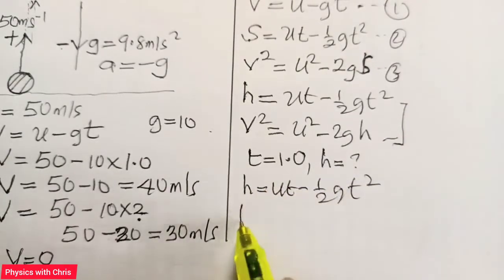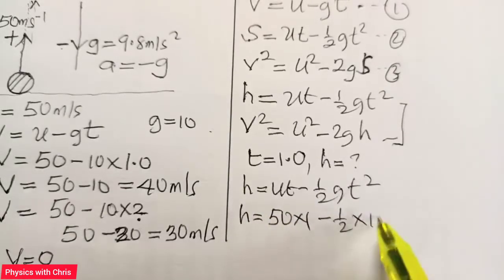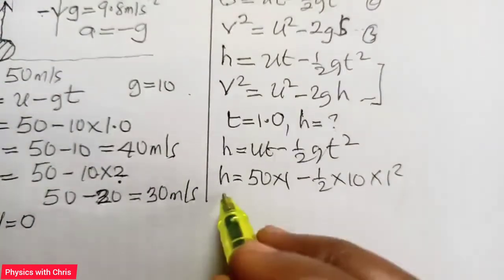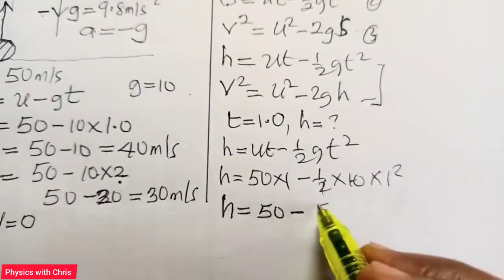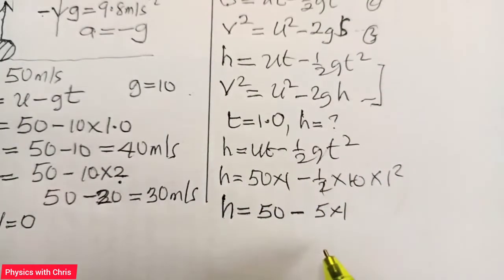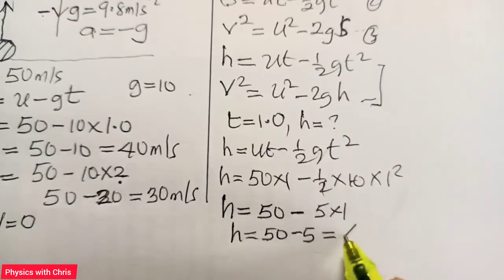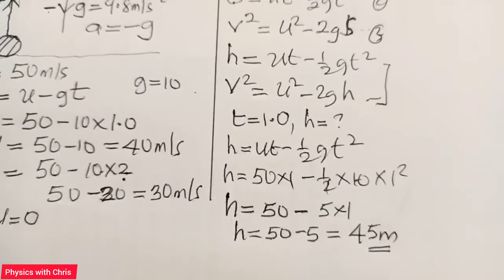And then this is h equals, I use 50 times 1 minus half times 10 times 1 squared. So 1 second later, how high has this ball risen? H equals 50 minus 5 times 1. That is H equals 50 minus 5, which is 45 meters. So 1 second later, this body, this stone, this object has risen a vertical distance of 45 meters.